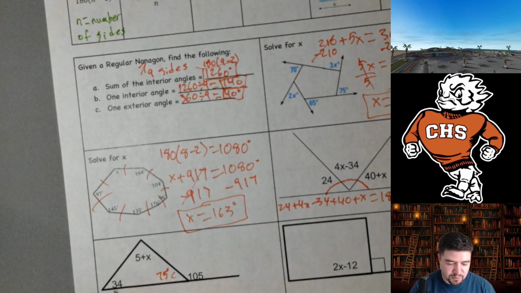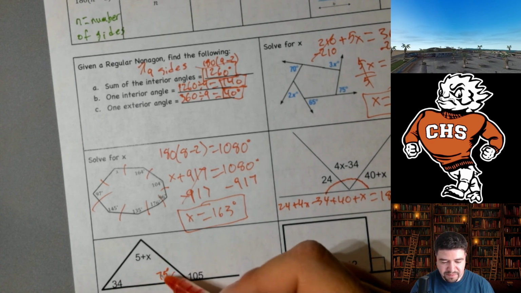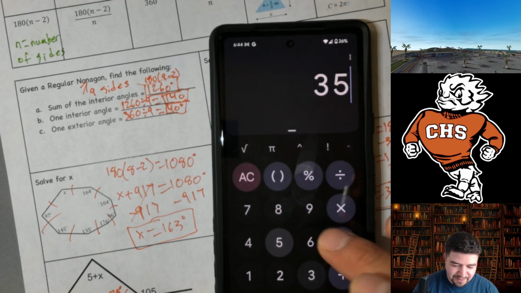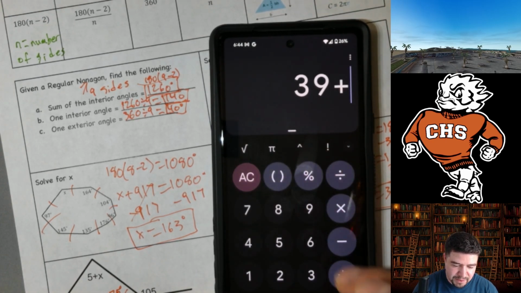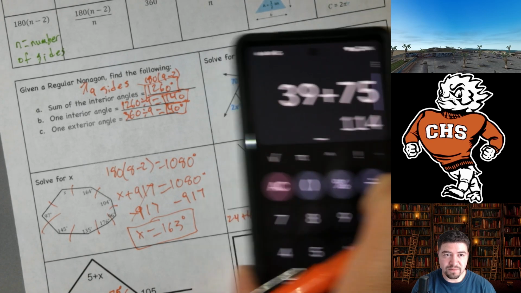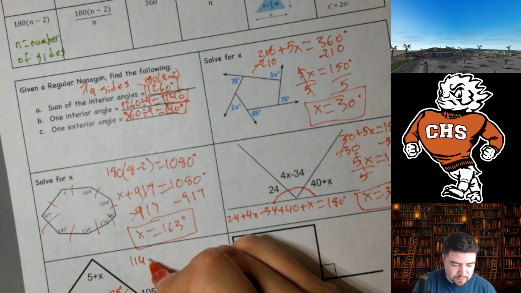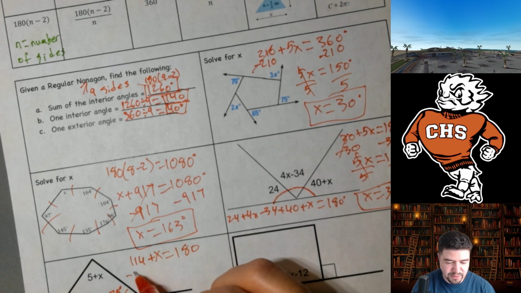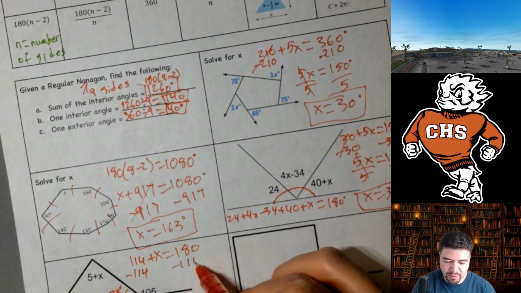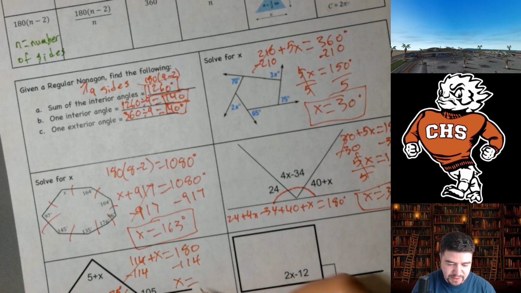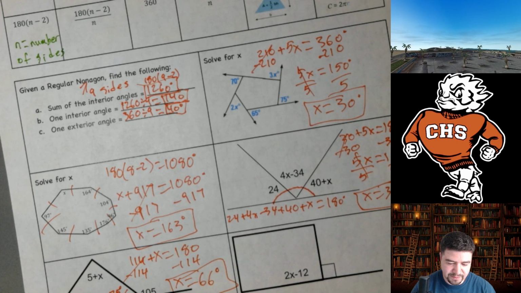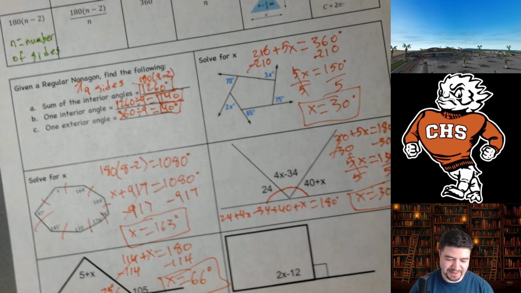So just in my head real quick, 34 plus 5 is 39. 39 plus 75 is 114. So 114 plus how many x's? Just 1 equals 180. So now this is just a simple subtraction problem. X is 66 degrees. I believe that's correct.